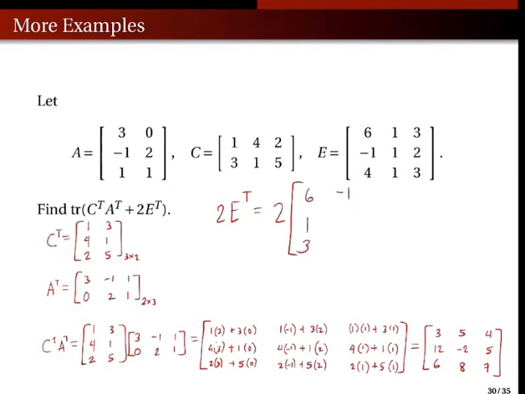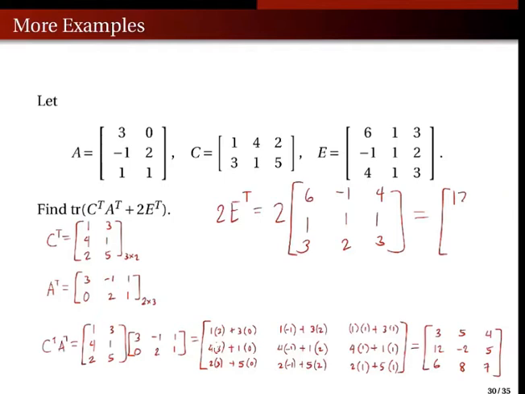Negative 1, 1, 2. 4, 1, 3. Okay? Then multiply that 2. So you have 2 times 6, that's 12. 2 times negative 1, that's negative 2. 2 times 4, that's 8.